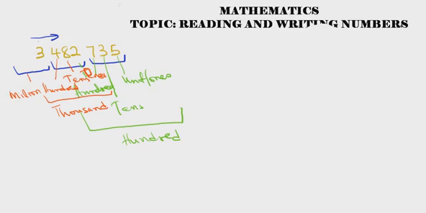So if you want to read this number aloud, this is 3,482,735. And simply you can write that out in words. And when you are doing that, you want to write the number out in words.